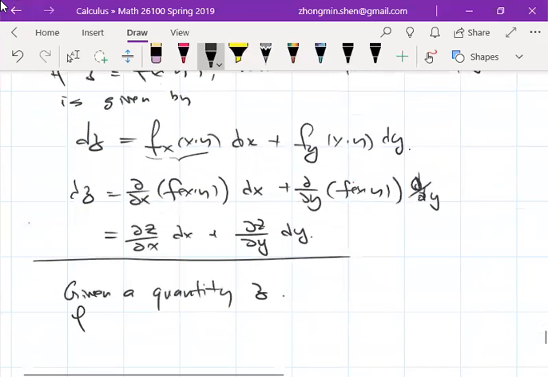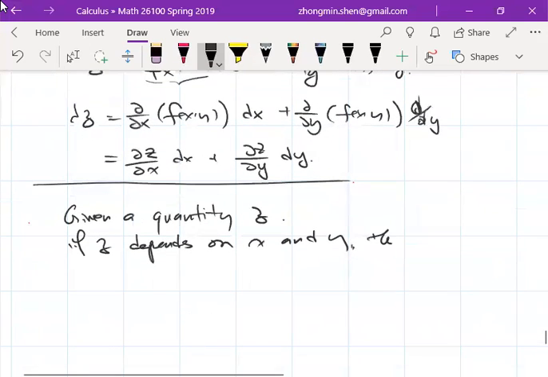So if z depends on x and y, then the differential of z is going to be partial z with respect to x, dx, plus partial z with respect to y, dy. Okay? So it's like a chain rule. It's kind of interesting.